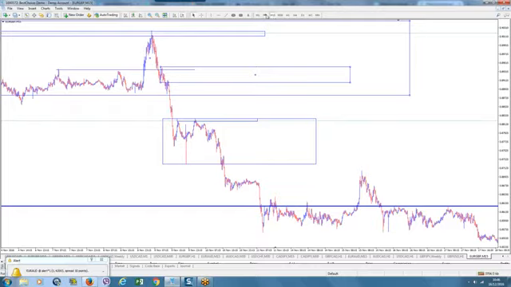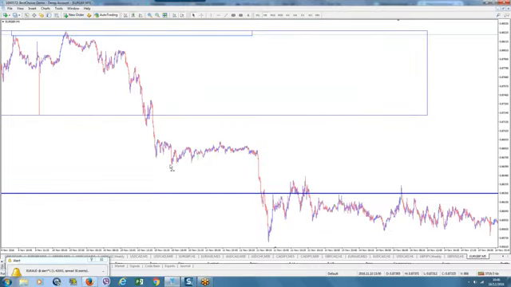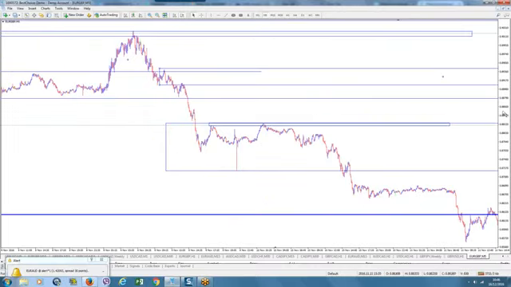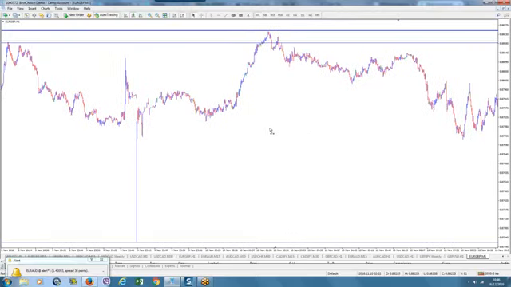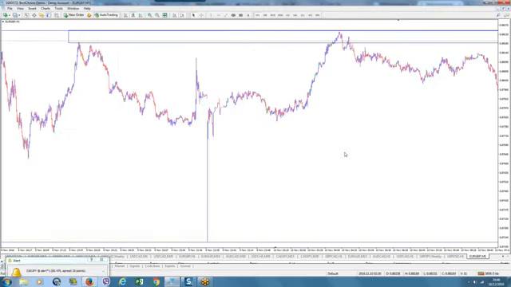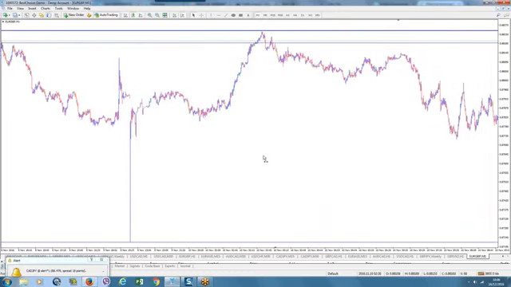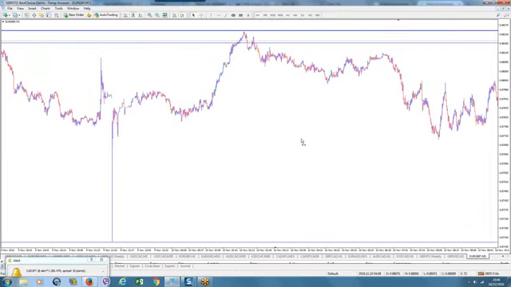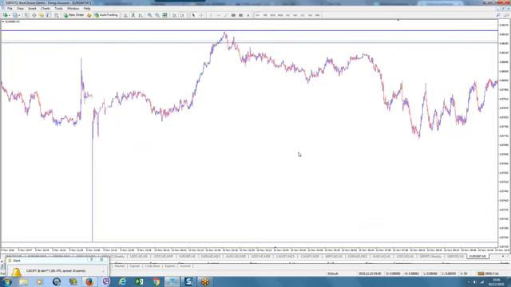Yeah, yes, lovely. And then you look to the underside of the box.